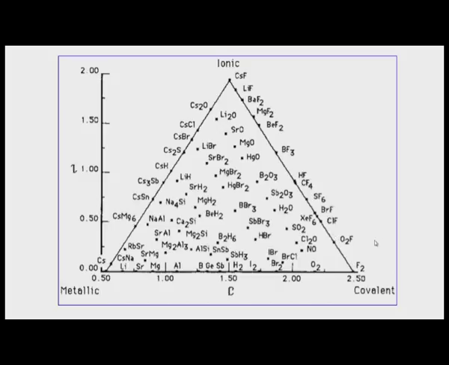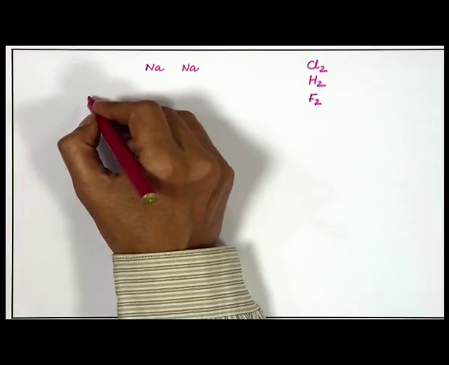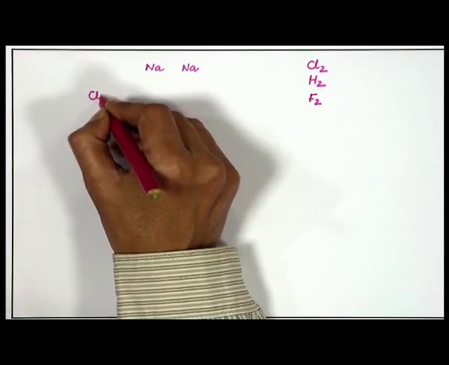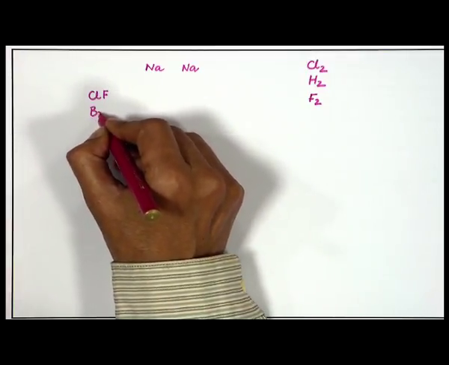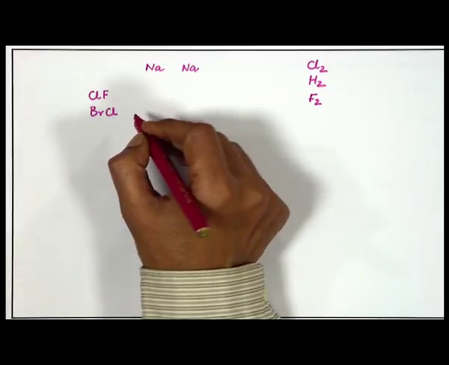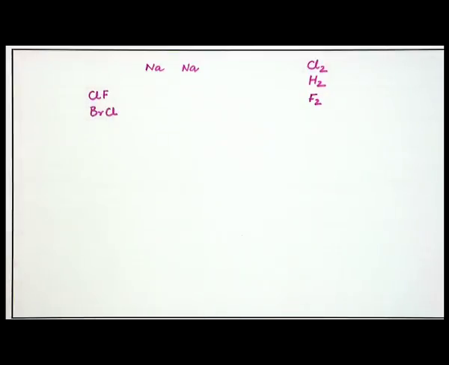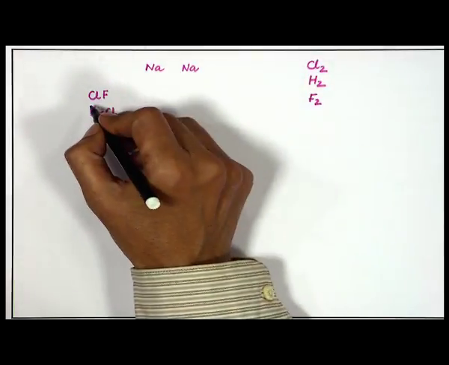Assigning this from the difference in electronegativity values is sometimes very straightforward, but it is not always so simple, for example with species like BrF, ClF and BrCl.